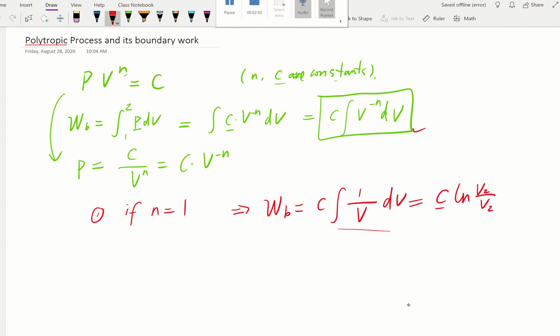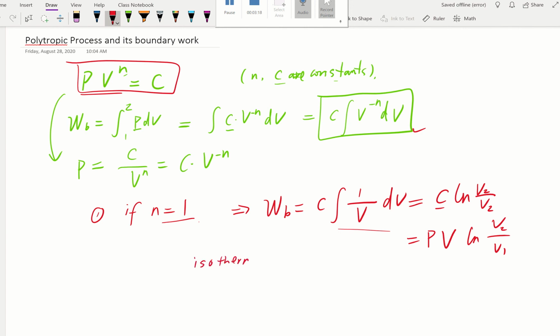And our C is a constant, PV^n with n equal to 1, so C is equal to PV times natural log of V2 over V1. This is exactly the expression we had last time. So when n equals 1 for this polytropic process, we know this is an isothermal process, and it's an ideal gas.